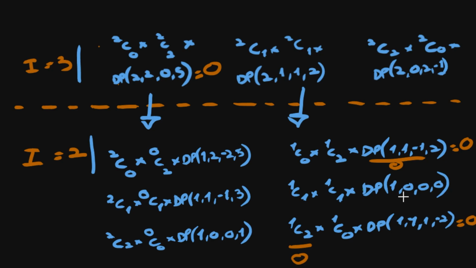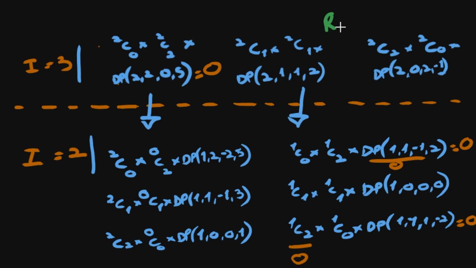If we are out of odd indices and out of even indices and the target is 0, well, in this case we return 1. 1c1 is 1, so 1 times 1 times 1 equals 1. So this will be a 1 in this case, this will be a 2, and this will be a 2. And 2 times 2 times 1 is 4.